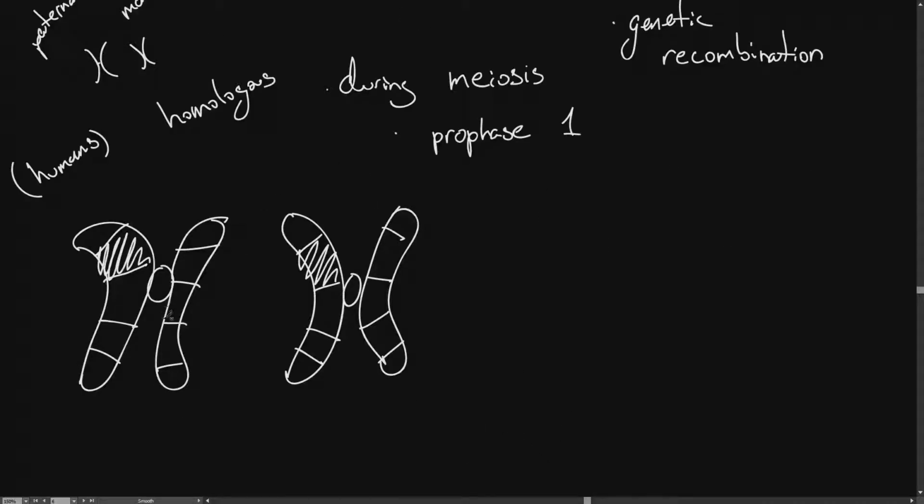And to help visualize this, I've drawn two chromosomes, and these are homologous chromosomes. So on this paternal and this maternal chromosome, you'll have corresponding genes in the same order. And so, for example, let's say this gene and this gene, they have the same locus because they correspond to each other. And during meiosis, they can become exchanged, swapped.